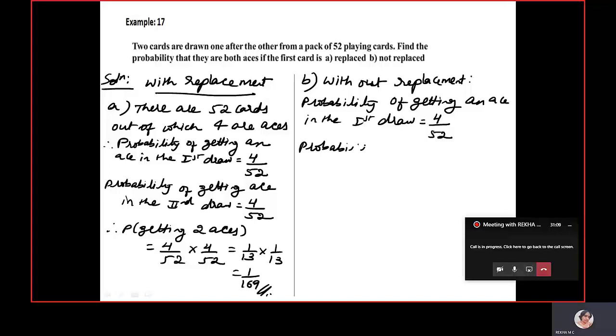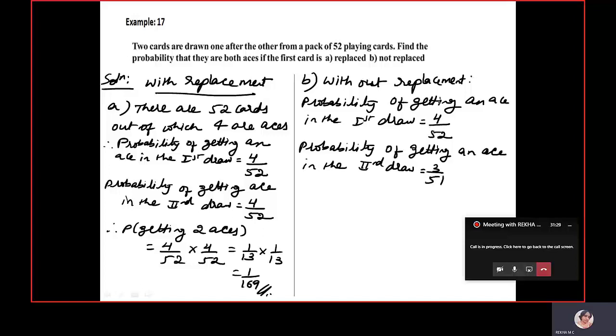The probability of getting an ace in the second draw is equal to 3 by 51.